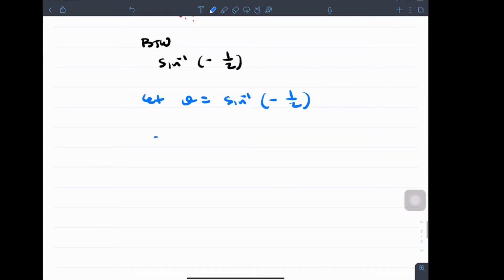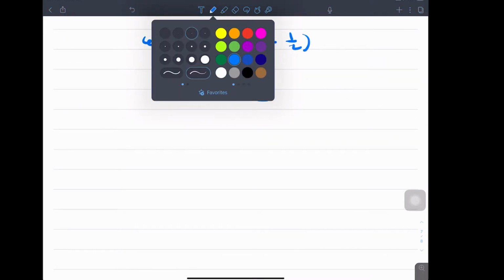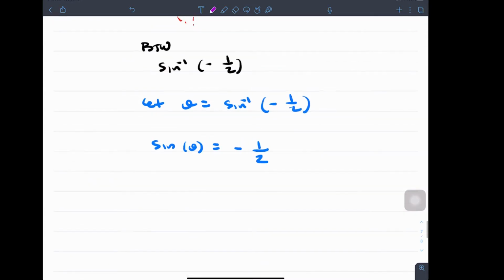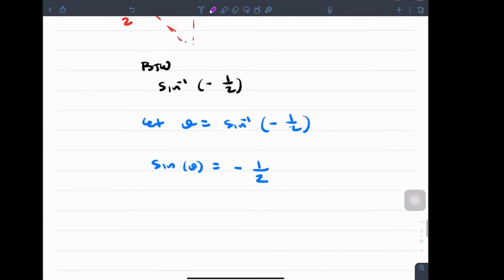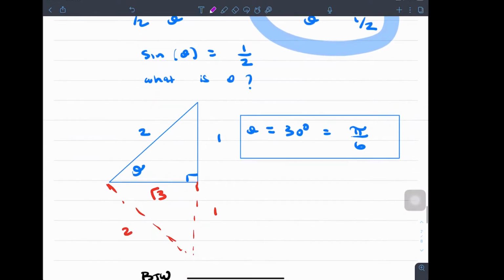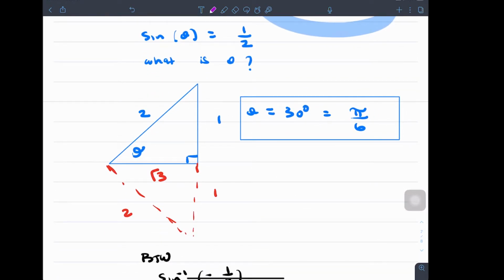And then you get sine theta equal to negative 1/2. You guys remember this? So, what does that now mean? What's the difference between this question and the one we just did? There's 1 major difference.